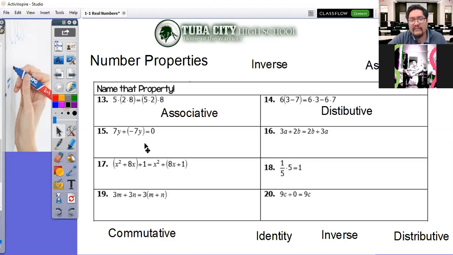Let's move on to the next one, number 15. So we have 7y plus negative 7y. When you have something like that, it goes back to 0. So this is what we would call the inverse property, because we did the backwards of it. Inverse means like backwards.